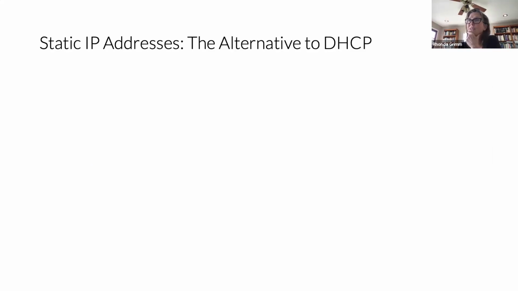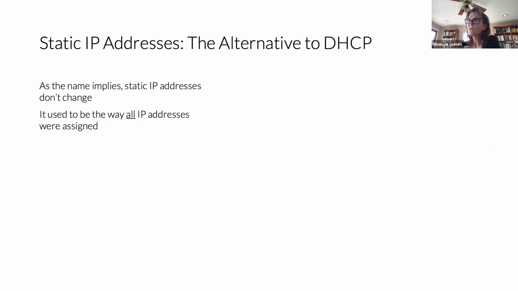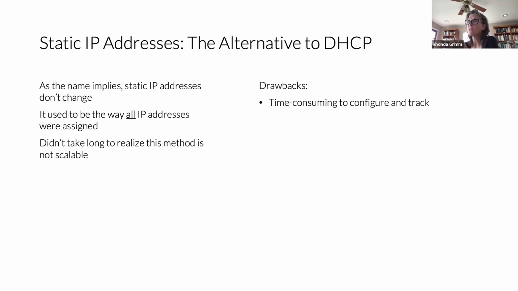The alternative to DHCP reservations is static IP addresses, and static IP addresses can be a bummer. They don't change, and that's great. It used to be the way they had to assign all IP addresses, but it didn't take too long to realize this could be a mess. It was time consuming to configure and track them.